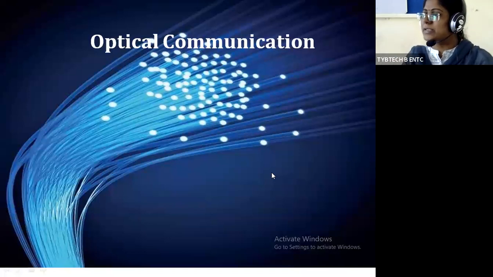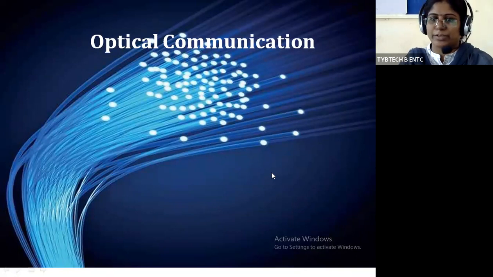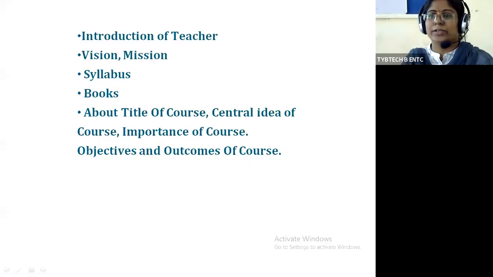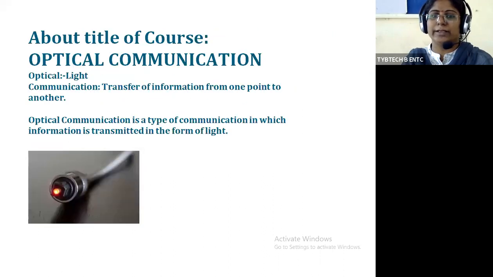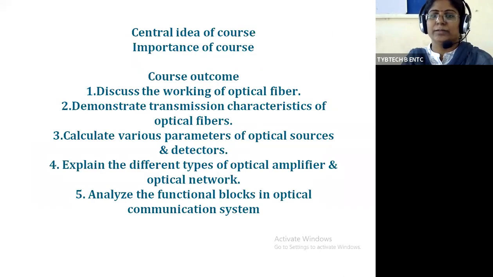Initially, we have seen the concept of optical communication, then advantages, disadvantages, and applications. Okay, so briefly to revise, these are the things that we have covered till today. Introduction, vision, mission, syllabus, about the title of the course, the central idea of the course, all those things. Then the objective and outcomes.